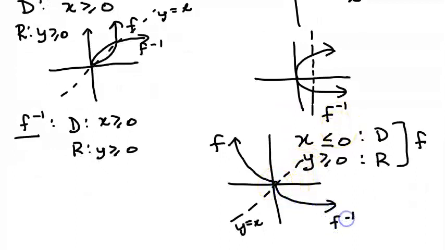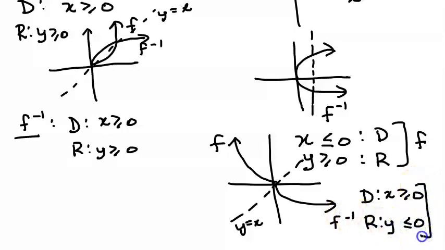So that's f inverse. Now what will the domain and range of f inverse be? Well, the domain, as we can see here, will be x greater than equals to 0, and the range now is going to be y less than equals to 0. And now that is for f inverse.